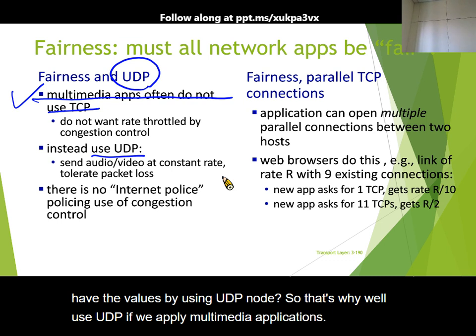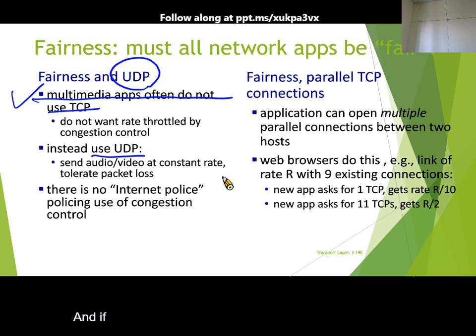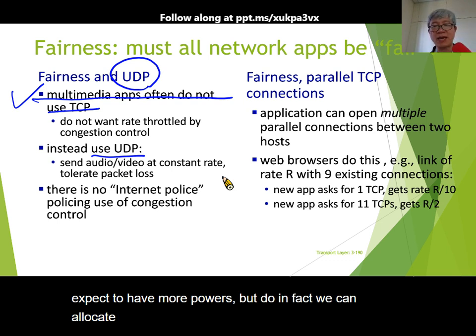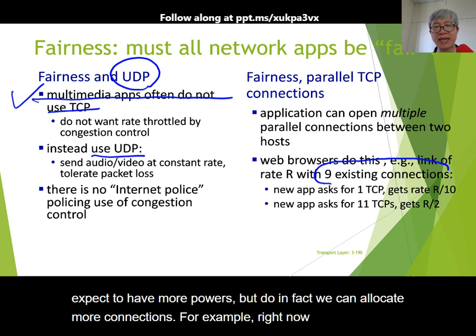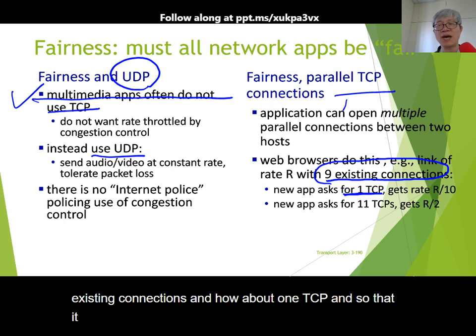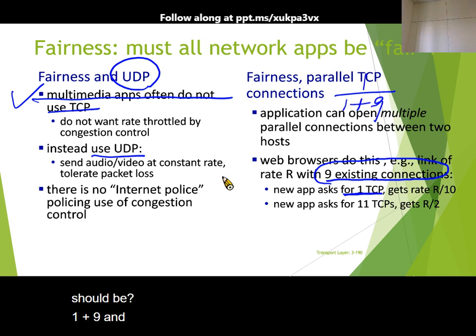And if we use TCP, and because of fairness, but you expect to have more bandwidth, what to do? In fact, we can open more connections. For example, right now we have 9 existing connections. And how about one more TCP? It should be 1 plus 9, and this one shares these, so 1 over 10.